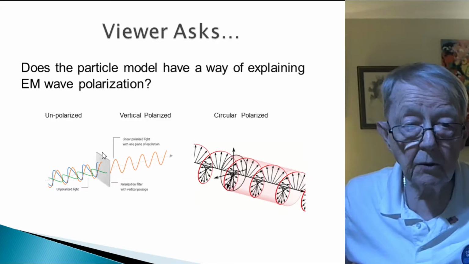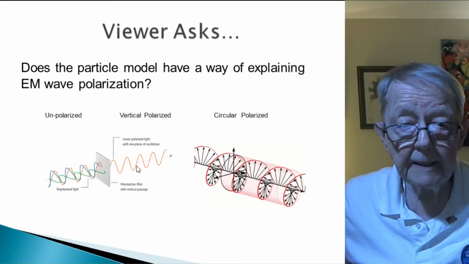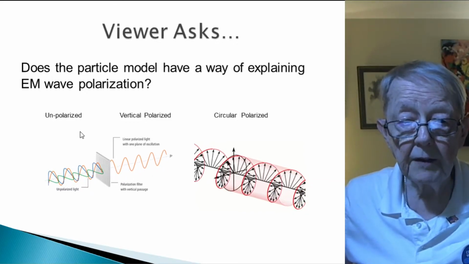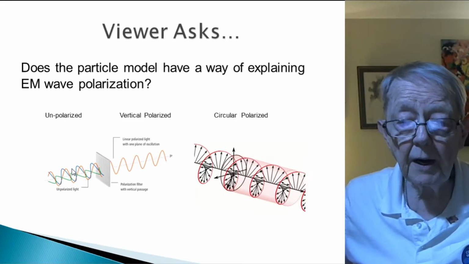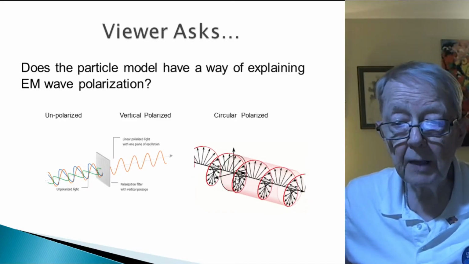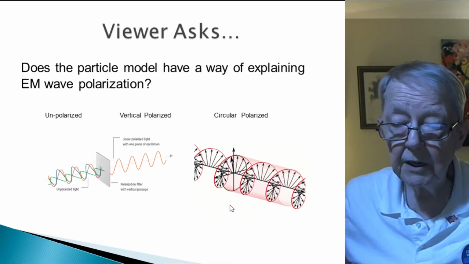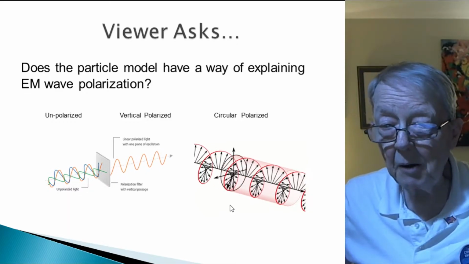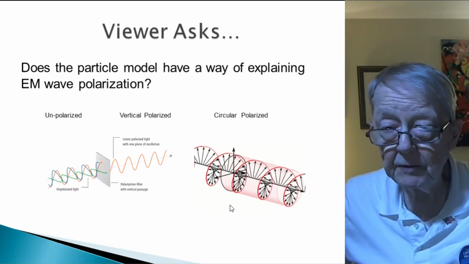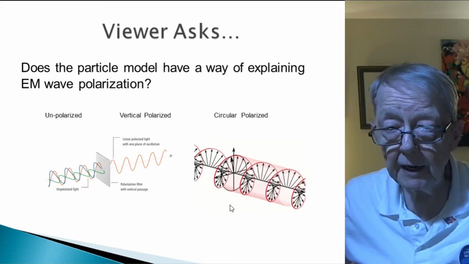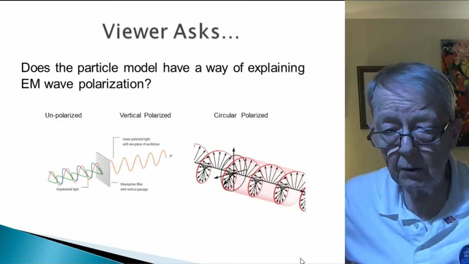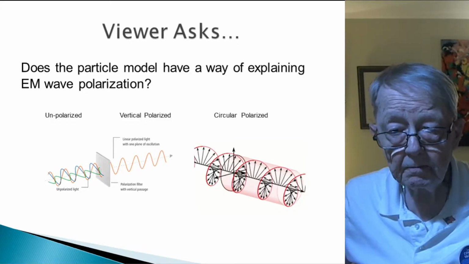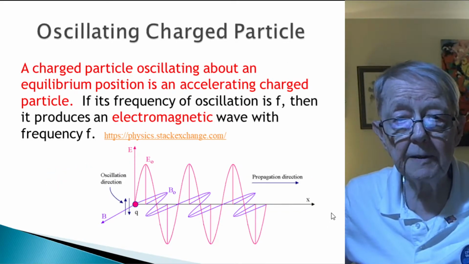And when it goes through a vertical polarizer, you only get the one. And this is unpolarized. This is polarized. And this is really a complex drawing video of what circular polarized light is. We'll get into that a little bit.